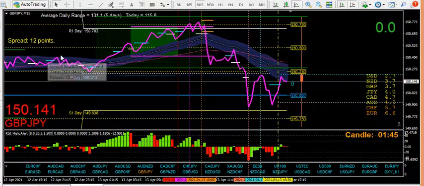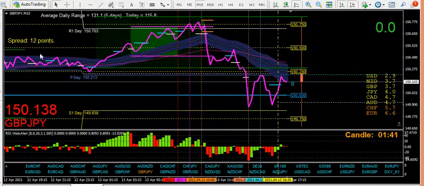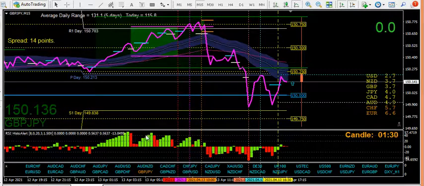Strictly speaking, that's the resistance that this has broken, and that's where it acted as support there and there. Resistance becomes support, so that's the first best entry there, and the histo confirmed that, rather. But as you can see, divergence, and it did exactly what I thought it would do.